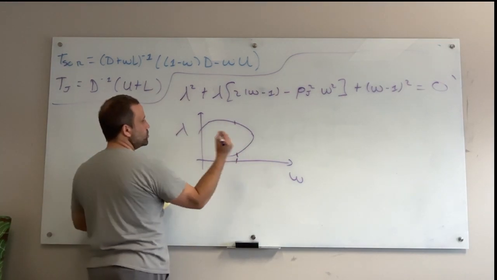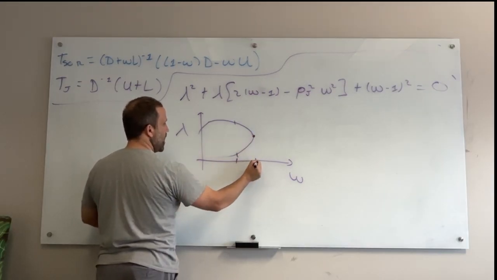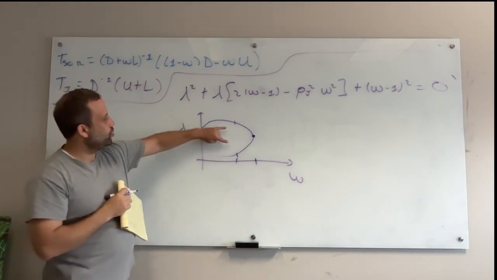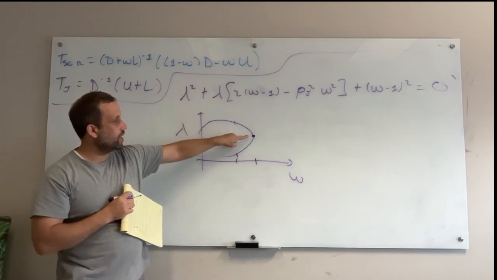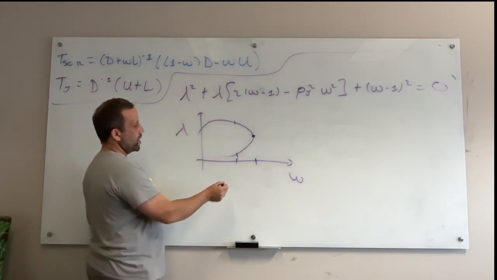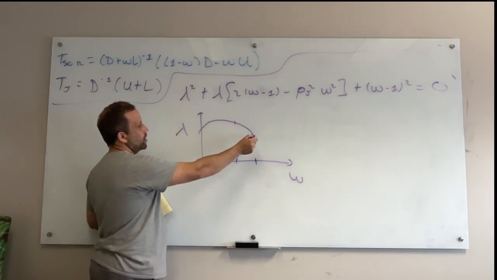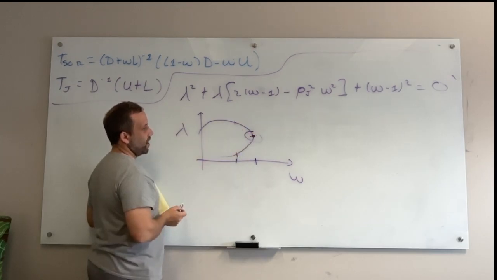The only time we don't have a smaller lambda and a bigger lambda is when omega is selected so that the two distinct roots actually become a repeated root. If we have any other omega, we're going to have a smaller value and a bigger value of lambda.